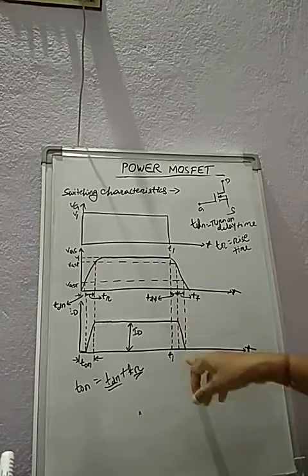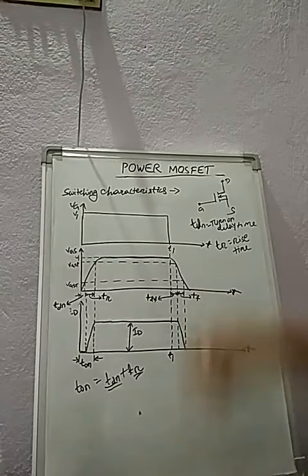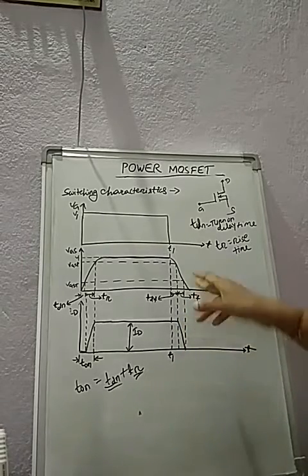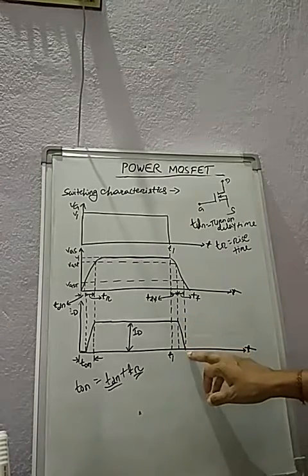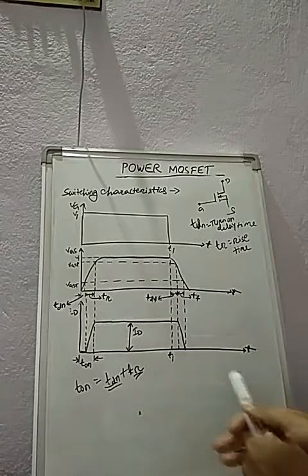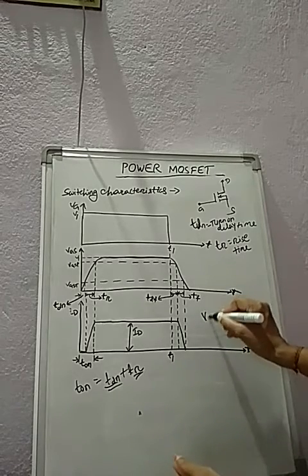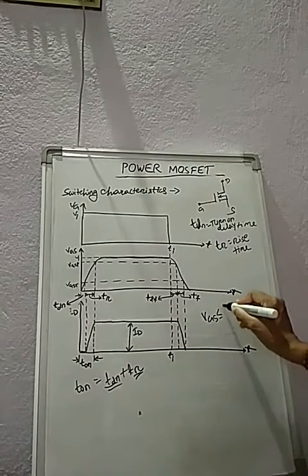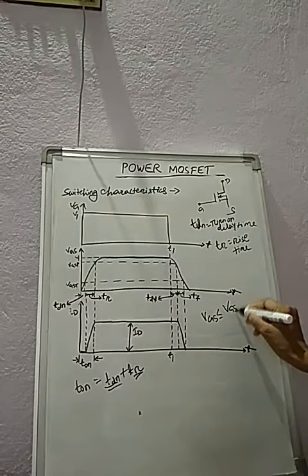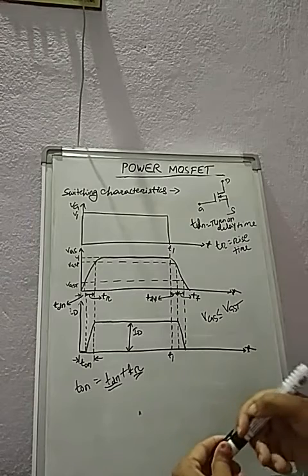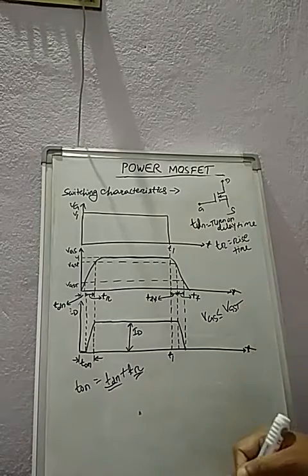See here, the drain current falling. During TF, the drain current falls from the ID level to 0. So when VGS is less than or equal to VGST, the MOSFET is completely turned off.